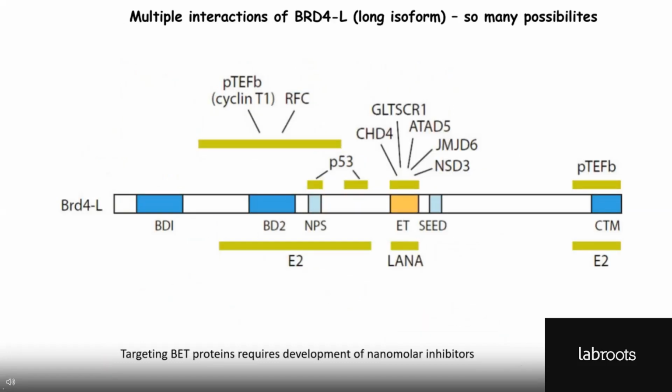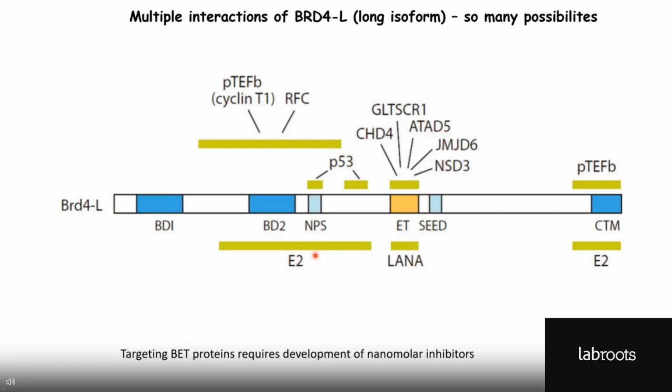However, the multiple interactions that were associated with BRD4 long isoform also led to the question, can we develop nanomolar inhibitors? And indeed, there are some nanomolar inhibitors that have been developed to target the BRD4 long isoform.